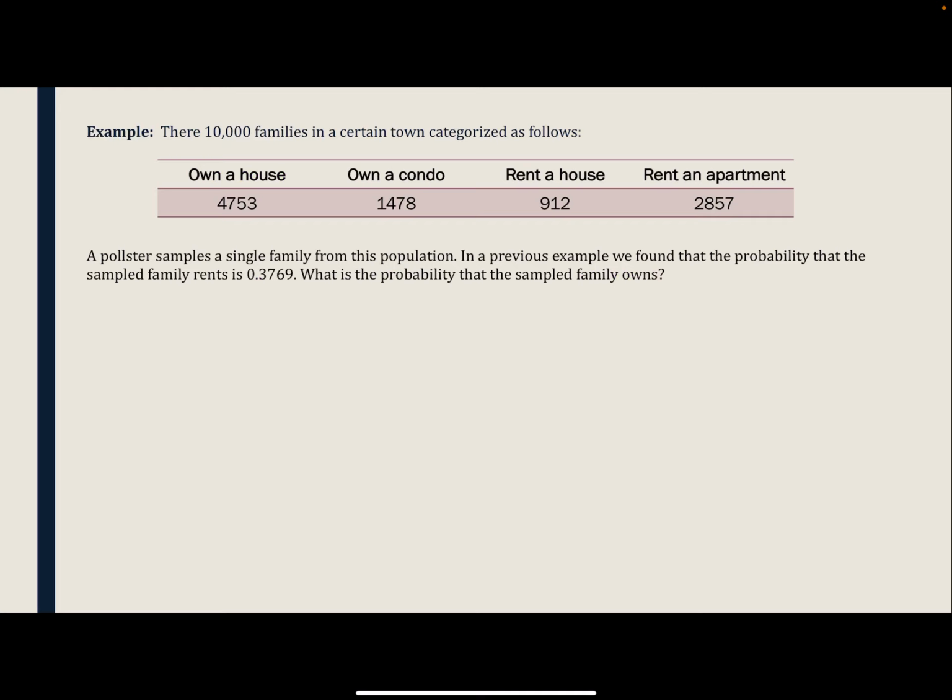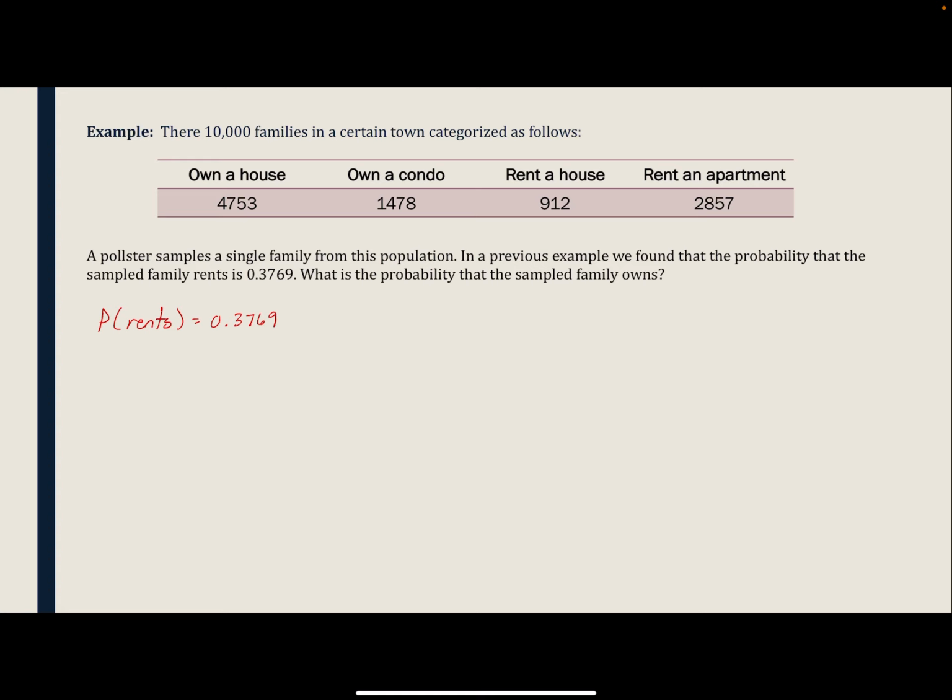So we looked at this problem earlier. We had 10,000 families, and a pollster samples a single family from the population. In a previous example, we looked for the probability that a family rents, and we found that it is 0.3769. What if we asked, what is the probability that the sampled family owns?